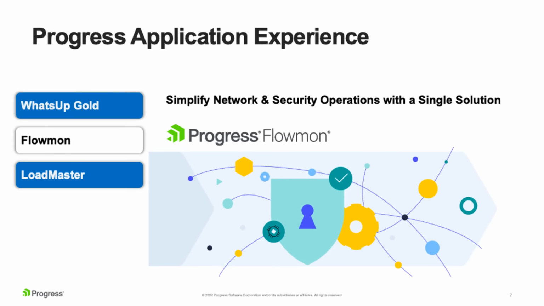We also have Flowmon, which gives you a deep insight into your network traffic. It does that on premise and in the cloud as well, and gives you a holistic view of your entire estate, so you can use it for troubleshooting and to maintain stability in the network.